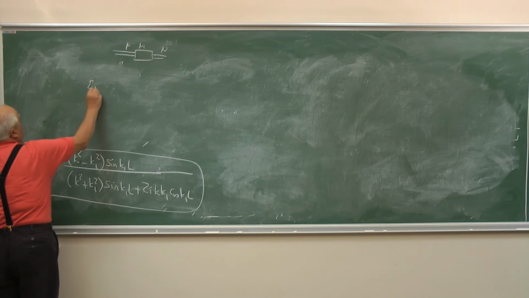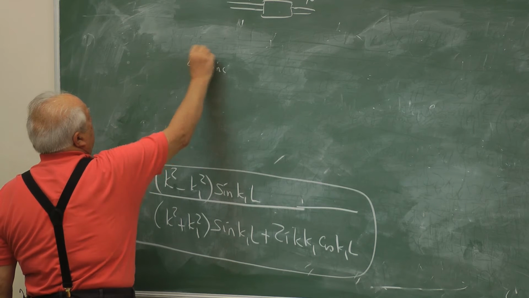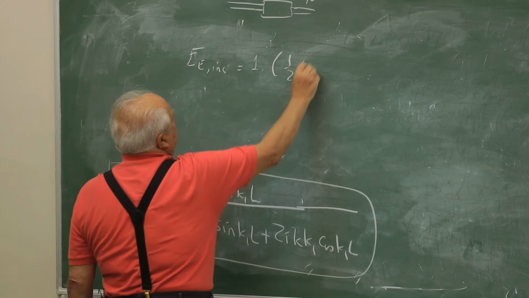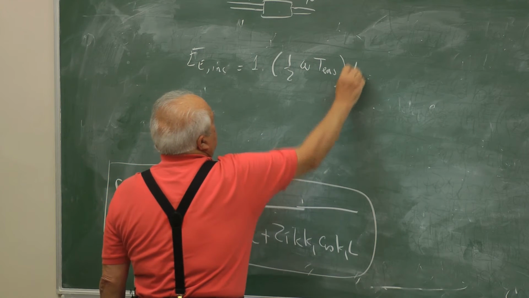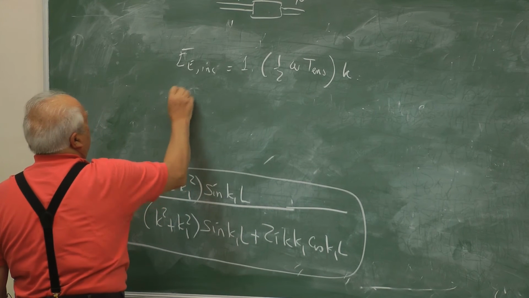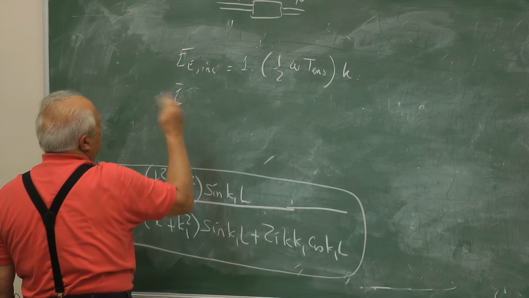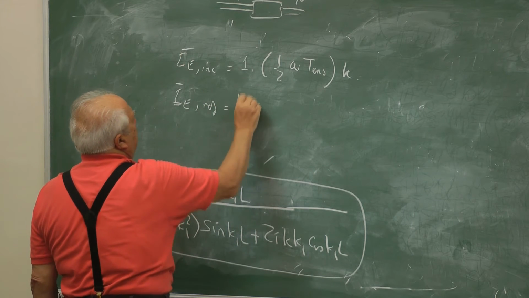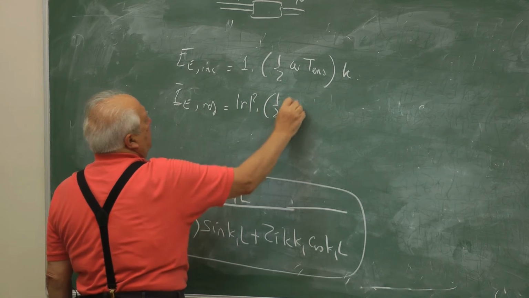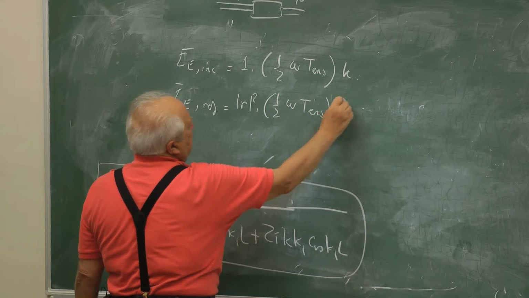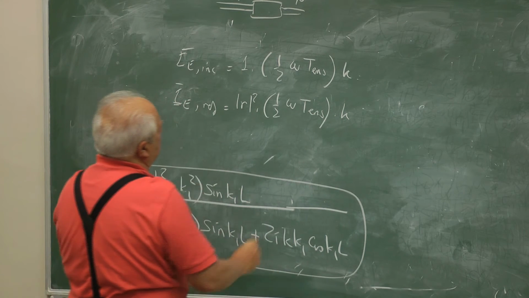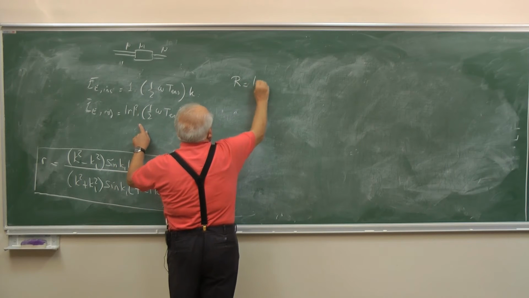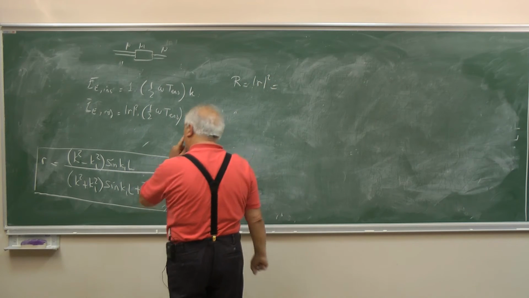So, I incident average is 1, that's then 1/2 omega tension times k, and the time averaged energy current reflected is R square, 1/2 omega tension times the same k again. So if we divide, the reflection coefficient is just R absolute square. So let's take the square of it.